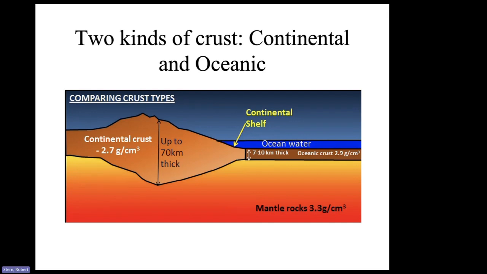Oceanic crust has a higher density and it's thinner. So where we see oceans, we now know that's mostly underlain by oceanic crust. Where we see land, we know that's mostly underlain by continental crust. And then the mantle contrasts with both of these by having a higher density.